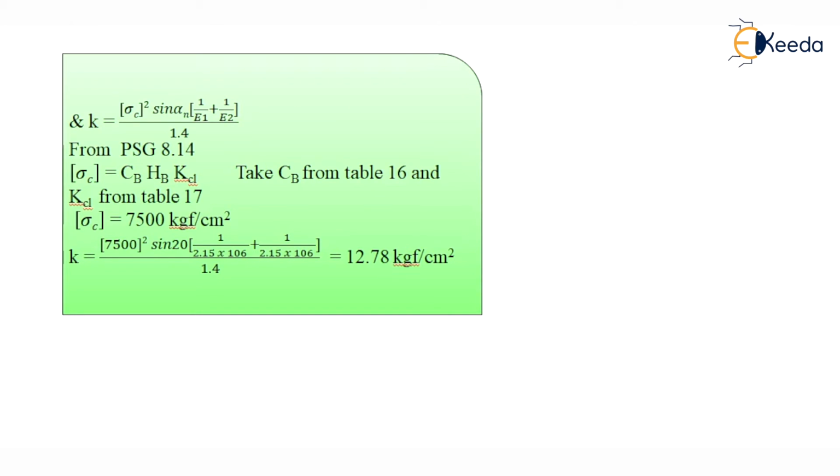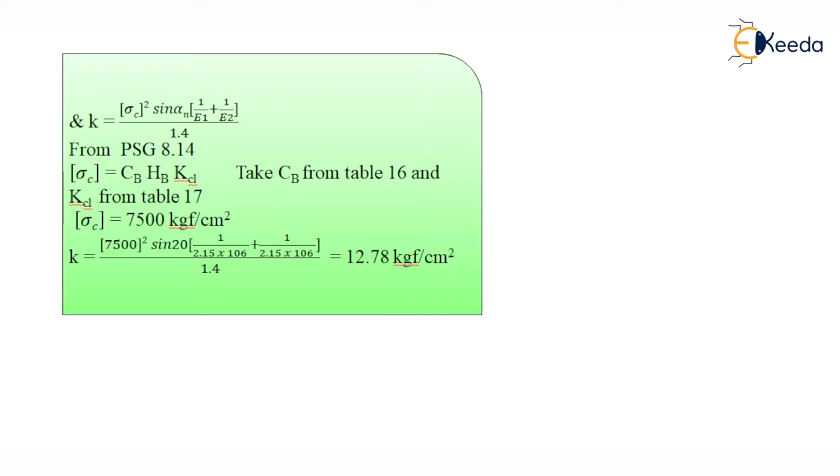Next, the formula for K is given as sigma c square into sine of alpha n multiplied by (1 upon E1 plus 1 upon E2) divided by 1.4. The value of E1 and E2 is already given in the data. Again, sigma c is expressed as CB into HB into KCL, where we'll take the value for CB from table 16 and the value of KCL from table 17.